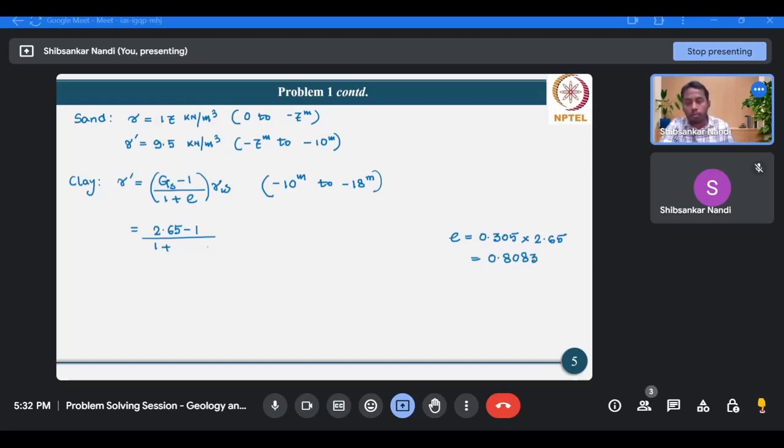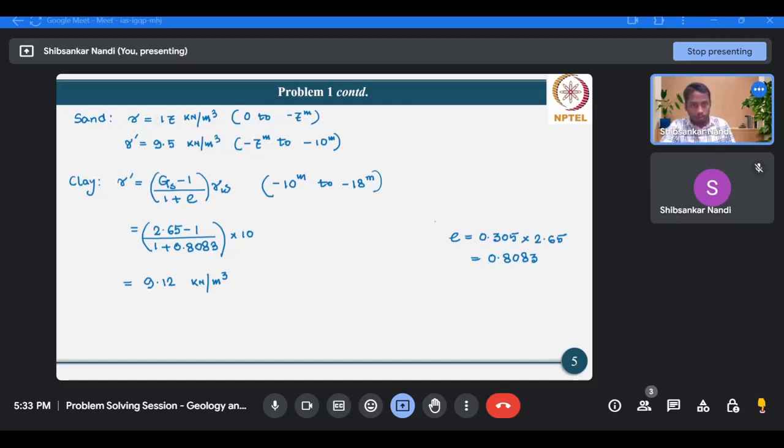Multiplied by 10, that is for unit weight of water. So 2.65 minus 1 divided by 1.8083 multiplied by 10 is 9.12 kilonewton per meter cube. So in this way, we have the unit weights for sand and clay respectively.